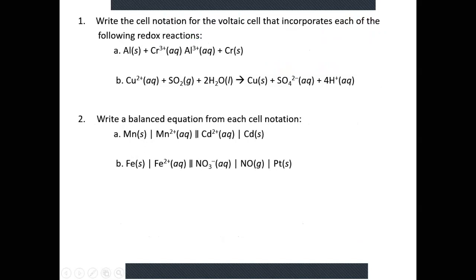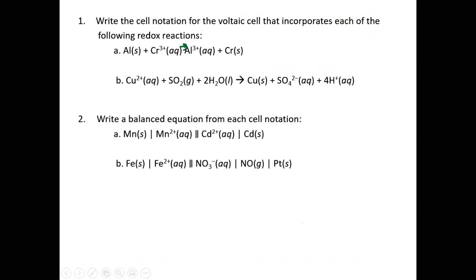So here we have some reactions we want to write the shorthand for, and then in part 2 we have some shorthand we want to write the chemical reactions from. So in number 1 we have aluminum plus chromium 3 plus gives us aluminum 3 plus and chromium.